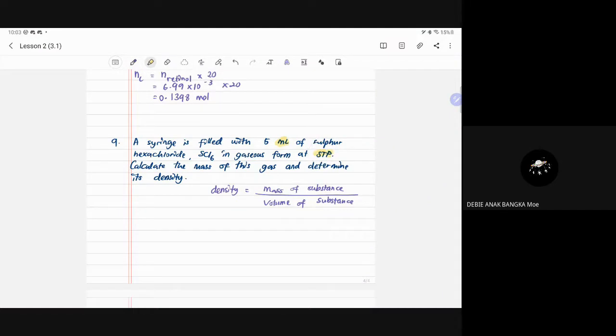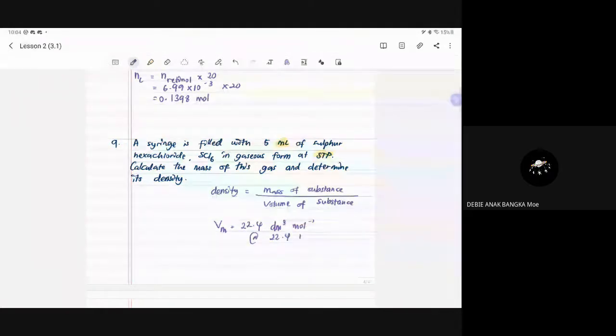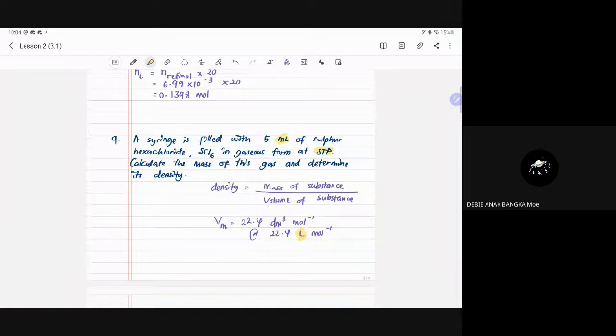Kalau kita tengok dekat STP tu, molar volume VM, kita tahu dia adalah 22.4 decimeter cube per mol. Ataupun 22.4 liter per mol. So kalau kita tengok ini adalah liter, ini adalah ml. So pastikan kita tukarkan nanti ml ini kepada liter.